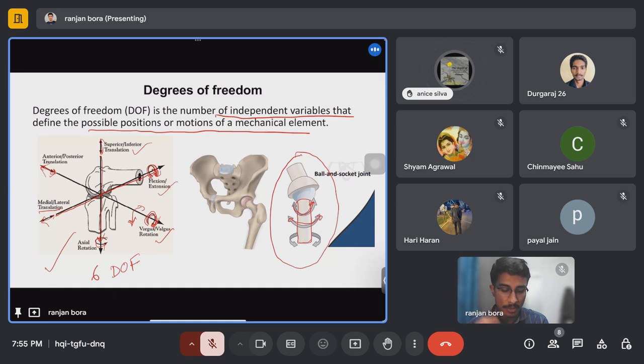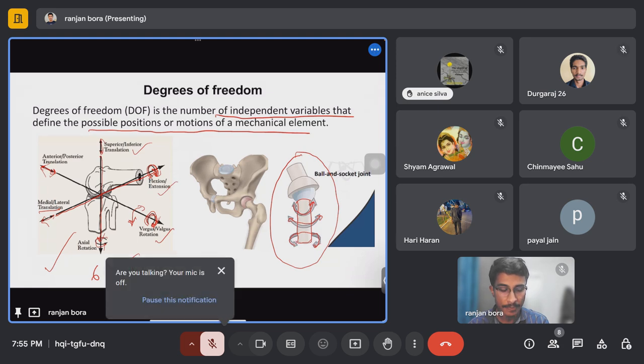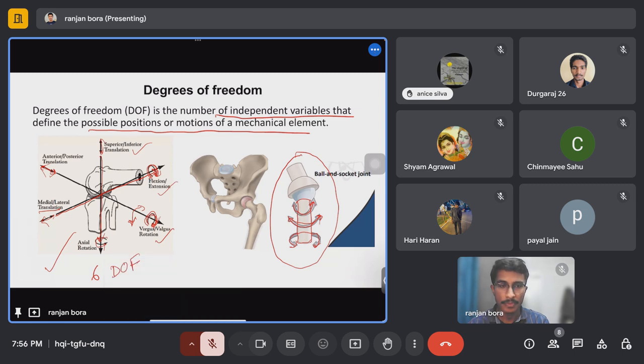It can rotate about this axis, and similarly it can rotate like this. Because of these three rotations of a ball and socket joint, we can have those movements of our hip joint: flexion, extension, abduction, adduction.